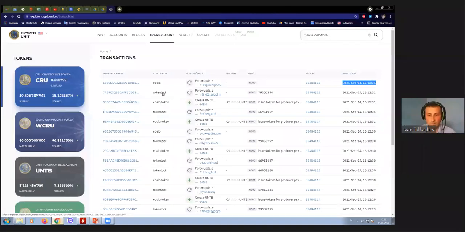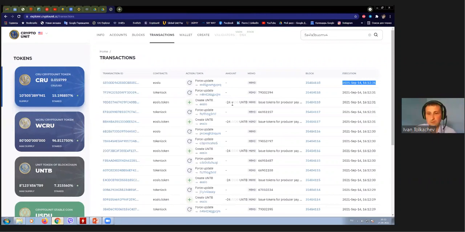The transaction has its own ID and an indication of the contracts. I will not detail contracts as I have no full access to the specification of the blockchain, as this is quite confidential information, but there are actions and data about the transaction, then the amounts of tokens related to this transaction, the memo, the block this transaction belongs to, and the time of execution.